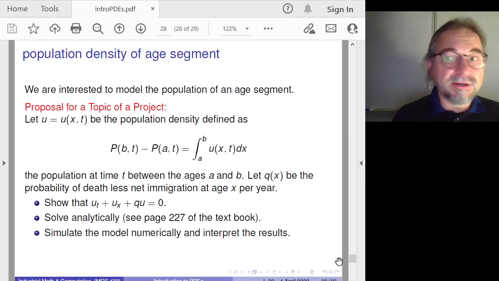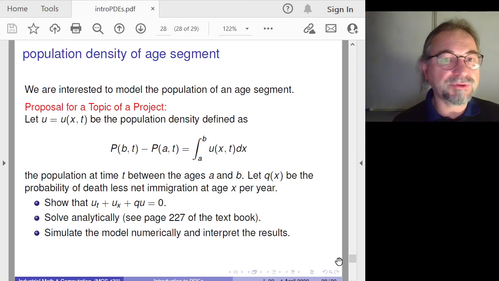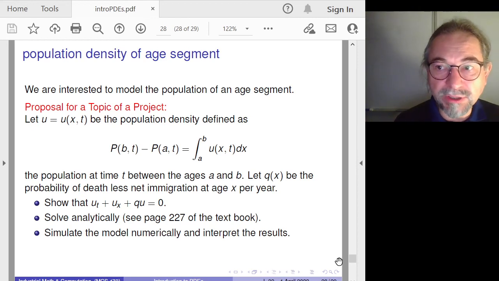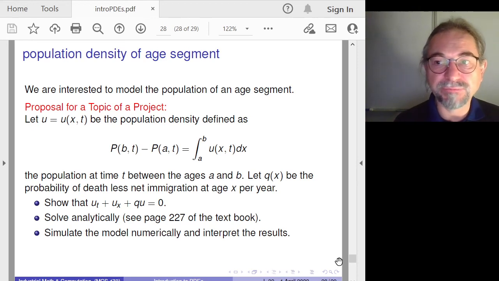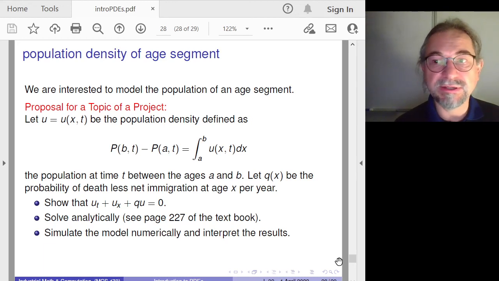All right, and then population modeling again. I got this from our textbook. We may be interested in modeling an age segment of the population, for example, that segment of the population that is old enough to work, say between the ages 20 and 60. How can you model that?